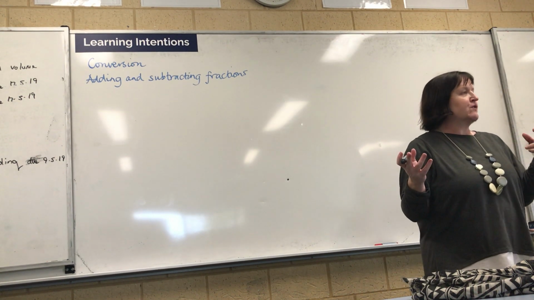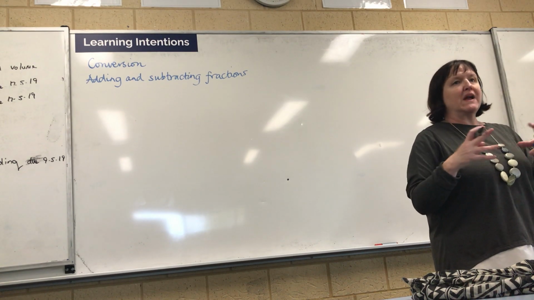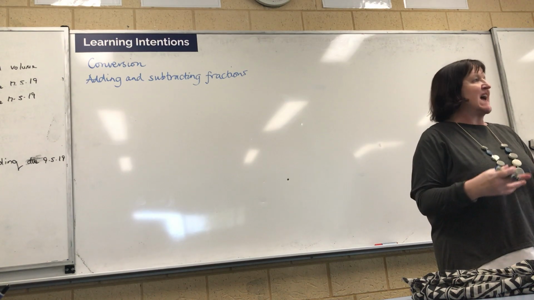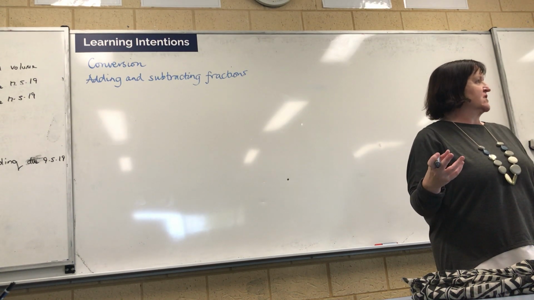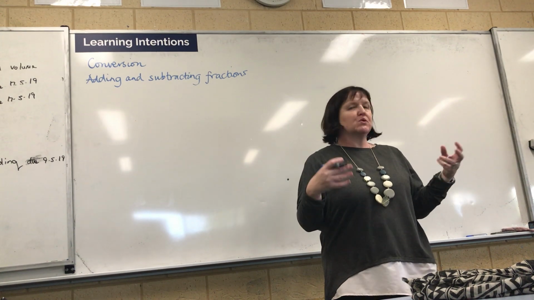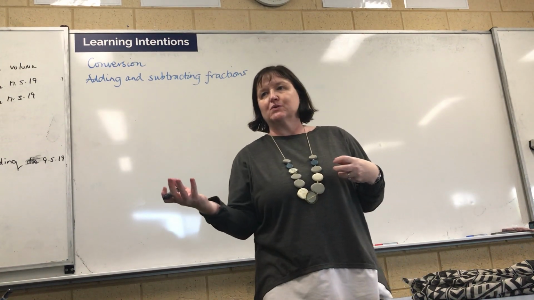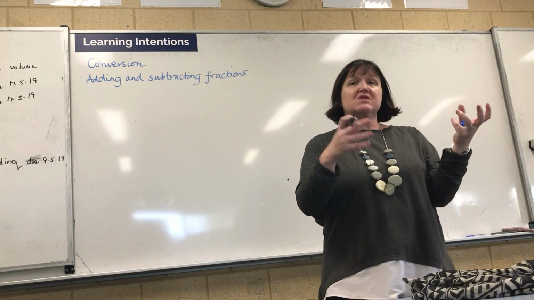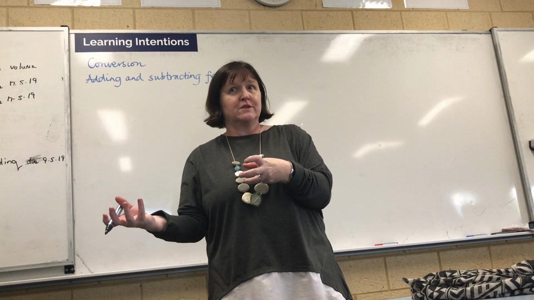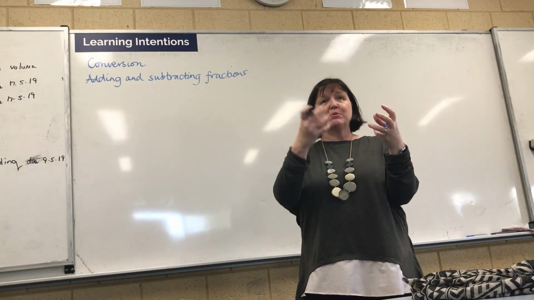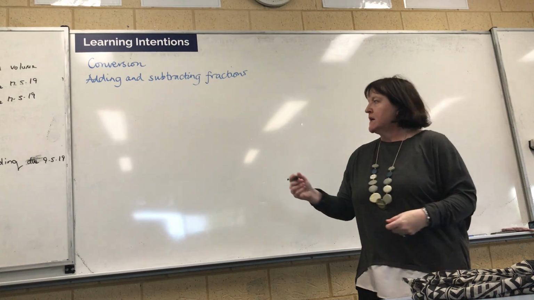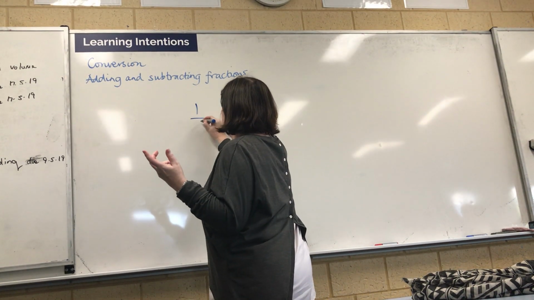Because if you've got the same denominator, you don't have to do anything with it because you're dealing with the same type of fraction. It's a bit like if you've got 3 apples and 3 apples, you've got 6 apples. But if you've got 3 apples and 3 oranges, you've got 6 pieces of fruit. So you've had to change the apples and the oranges into something else in order to say what you've got in total.